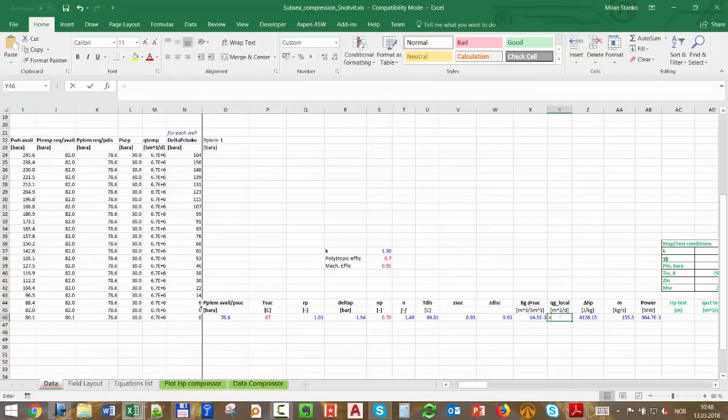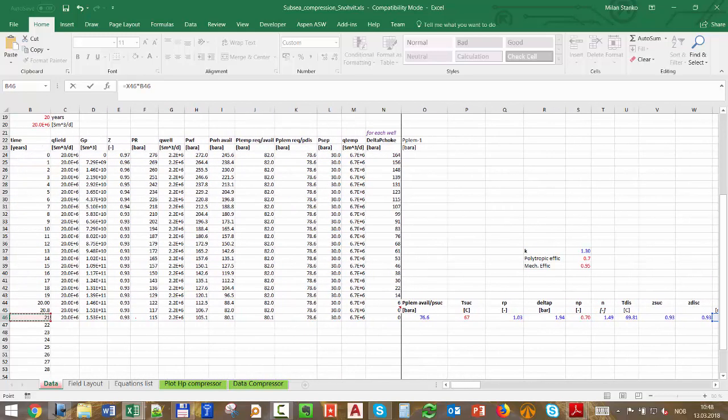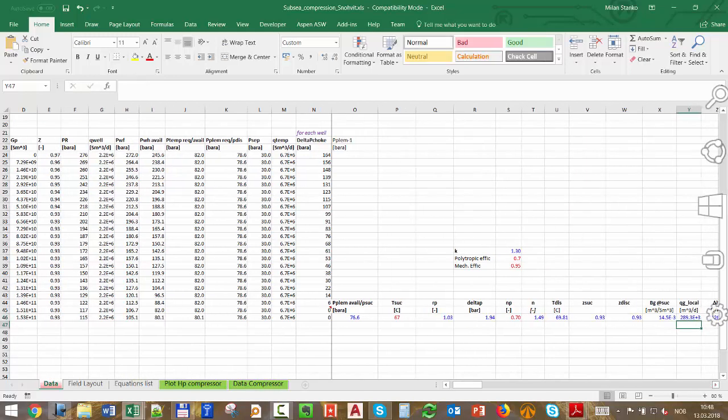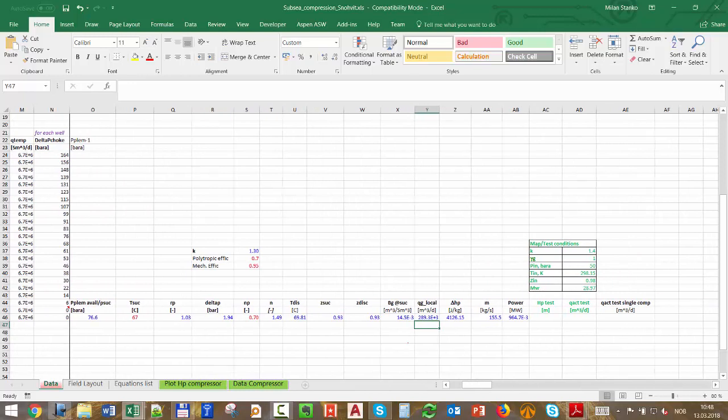Then after that, I have G, then I have the rate of the field, and then I find the rate.